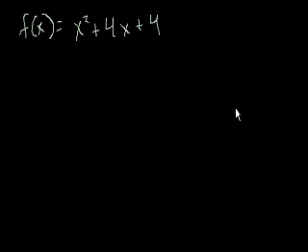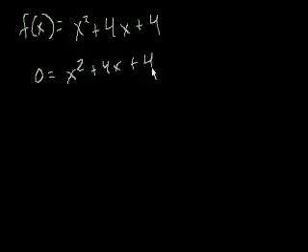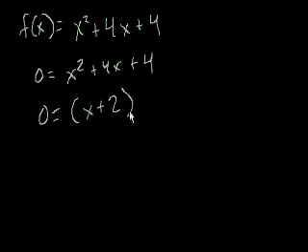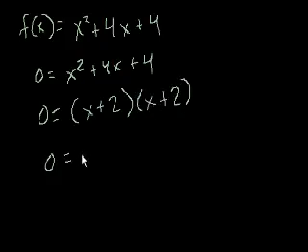If you think about that graph I had just drawn. So let's say if f of x is equal to 0, then we could just say 0 is equal to x squared plus 4x plus 4. And we know we could just factor that. That's x plus 2 times x plus 2. And we know that it's equal to 0 at x equals minus 2.